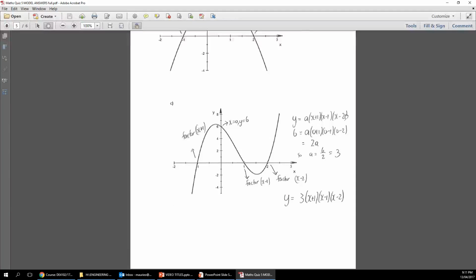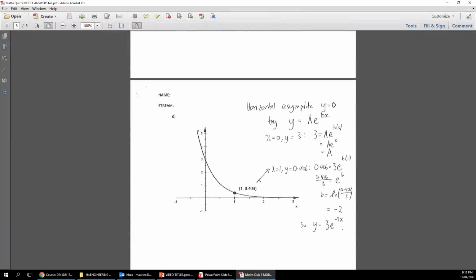Putting them all together in factored form with the a there, then finding a point we know, which is when x equals 0, y equals 6. We get 6 equals 2a, a equals 6 over 2, which equals 3. Put that together into our equation. y equals 3, bracket x plus 1, bracket x minus 1, bracket x minus 2.